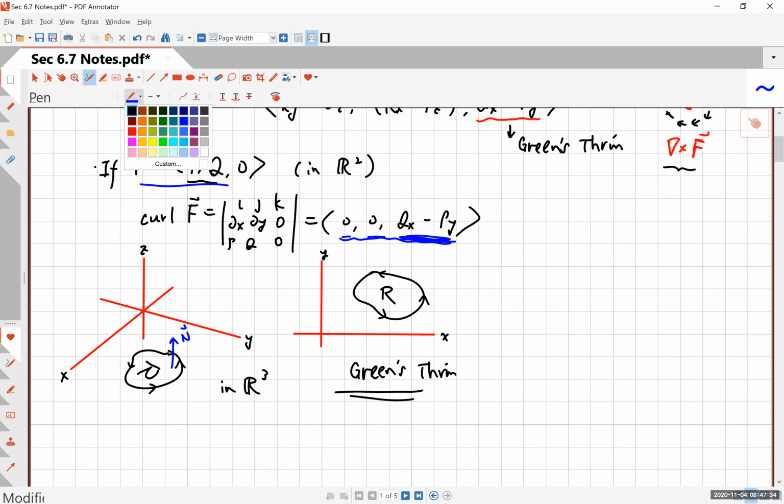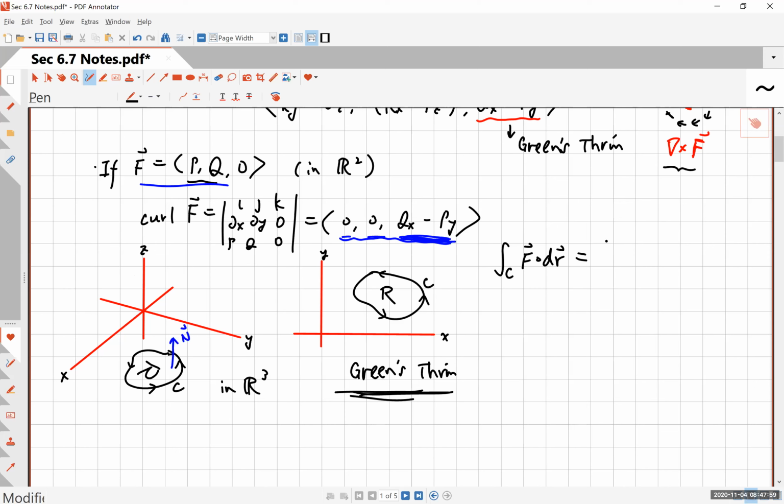Now, let's go ahead and try to remember what Green's theorem says. And I know it could be sort of foggy and you may not get a clear understanding of it, but that's okay. If you remember Green's theorem, the first version of it, the one that has to do with circulation or work around C, which is the boundary of this closed region, this was equal to, remember what Green's theorem says?